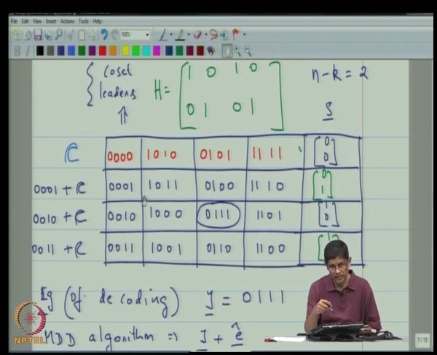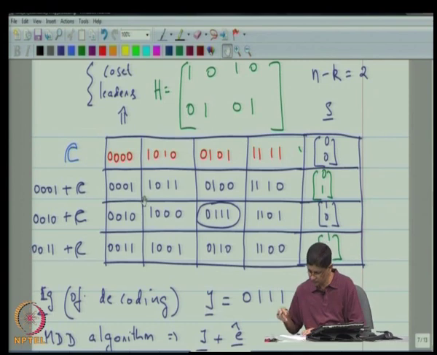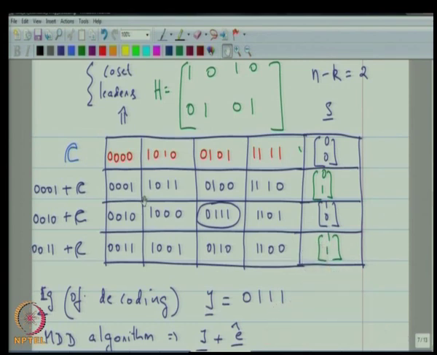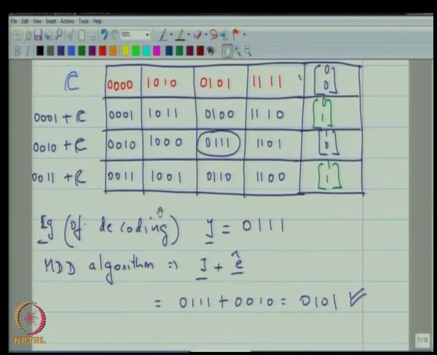However, there is another use for the standard array, and we will come to that. Okay.